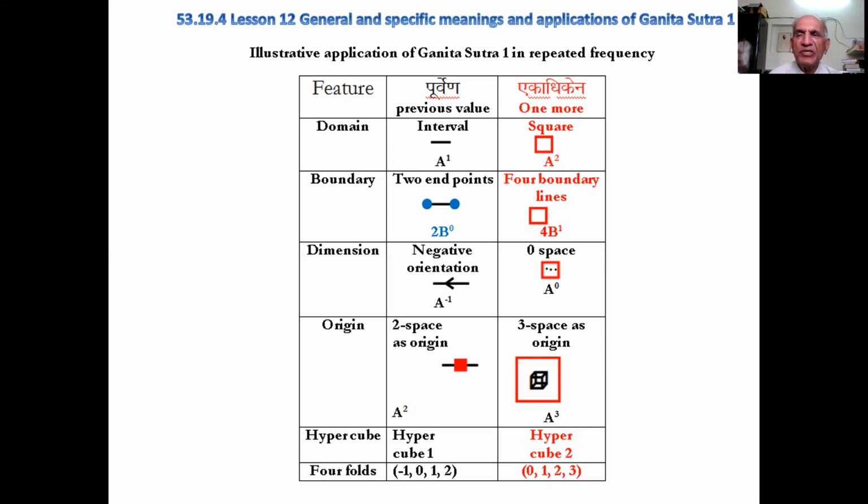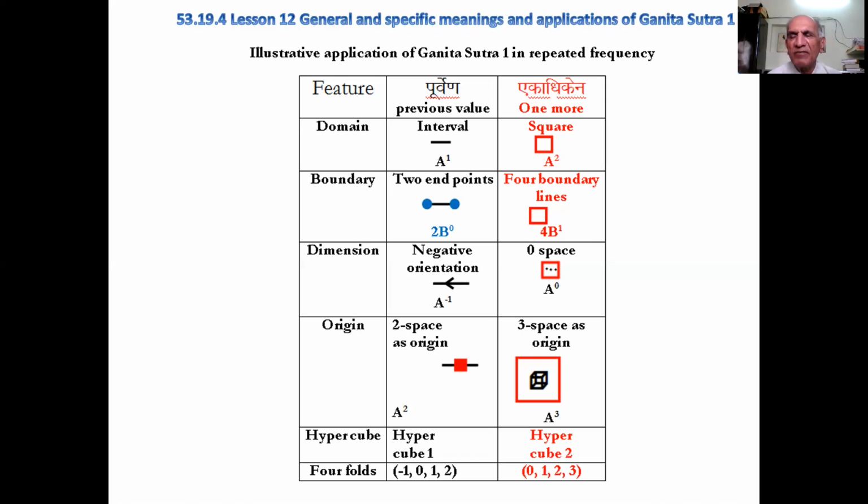However, the repeated application of this rule in respect of this very setup of pair of entities will bring us face to face with domain feature, boundary feature, dimension feature, origin feature. All are obeying the same rule. All are unfolding themselves under the same rule.